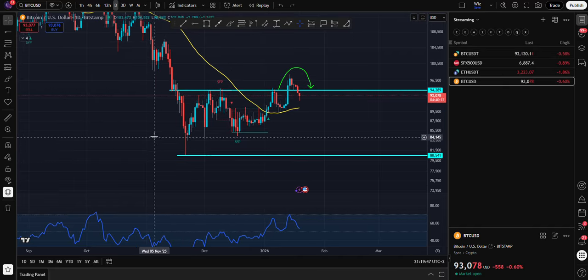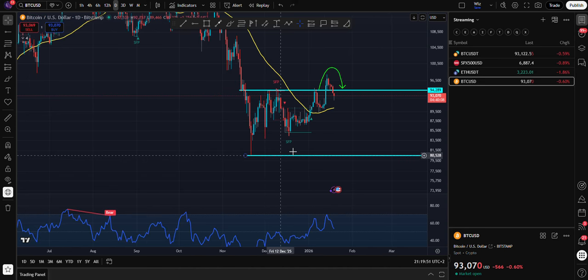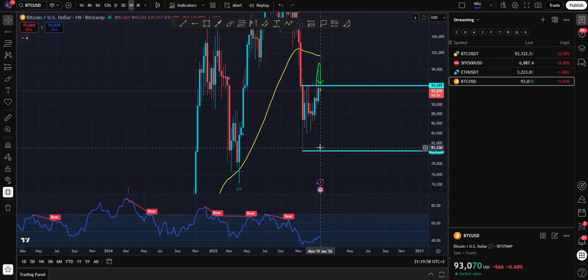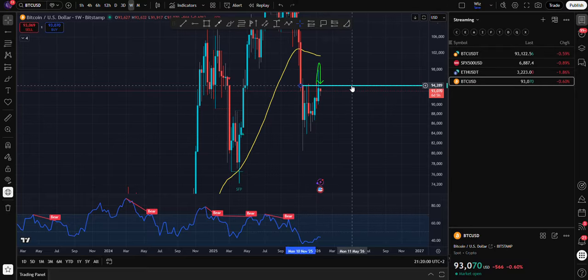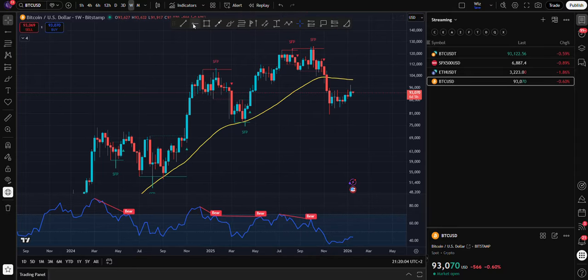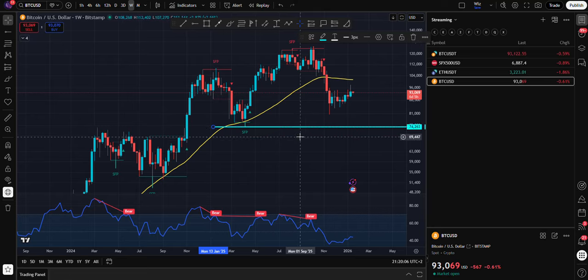So we have these lows that were never swept, expecting this to get swept at some point in 2026. And then we have to take it level by level, because we have more lows that could be swept here at 75K.